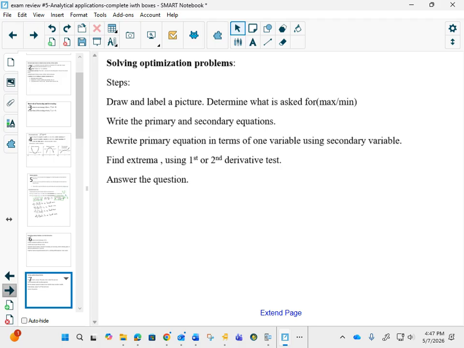And in the end, you're going to substitute all of your formulas together so you hopefully get only one variable, which you can take the derivative of, and set the derivative equal to 0, because that's how you find a max or a min, and you'll be able to answer the question. So optimization problems are usually just tricky in the setup. Once you've got your equation set up, you just have to take the derivative.